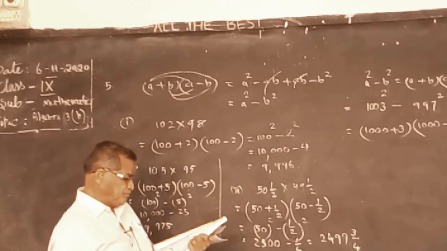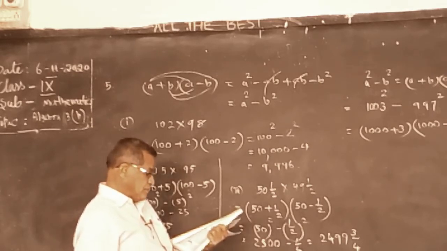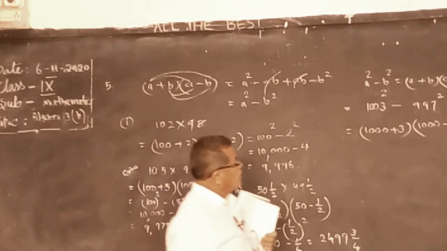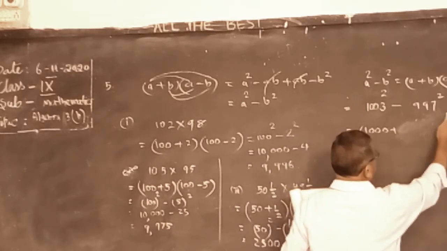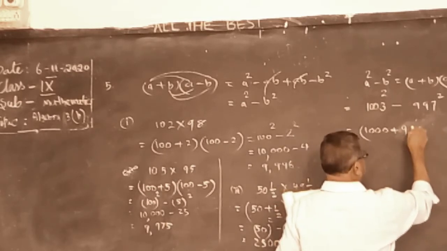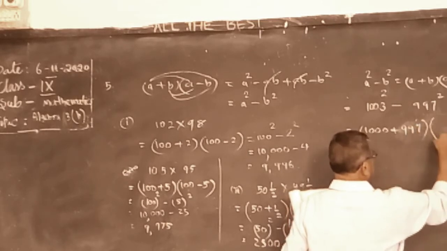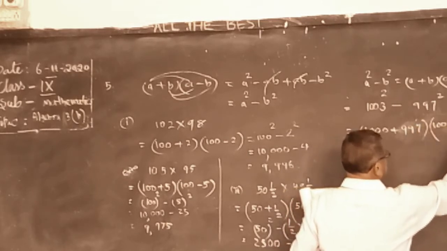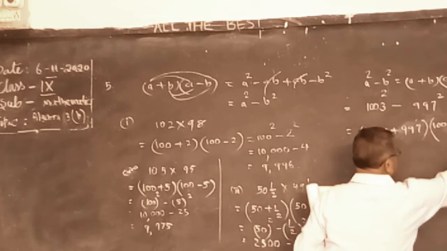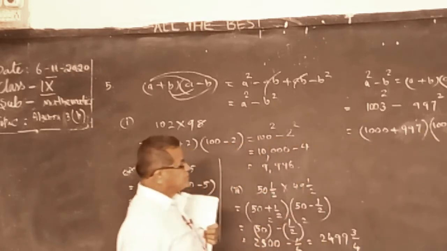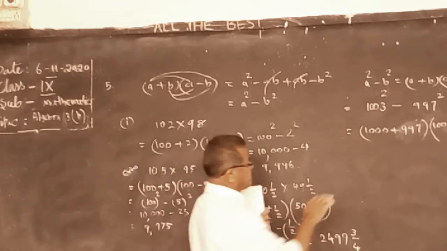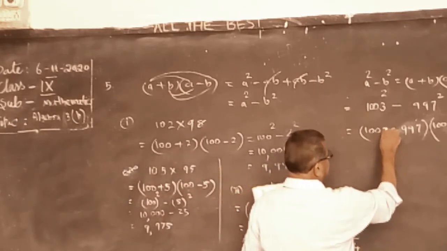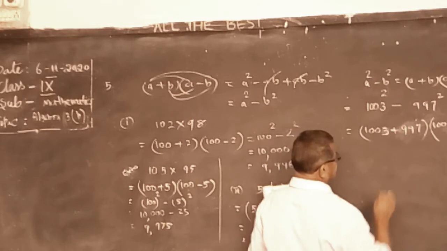Evaluate. In place of a there is 1003, in place of b 997.